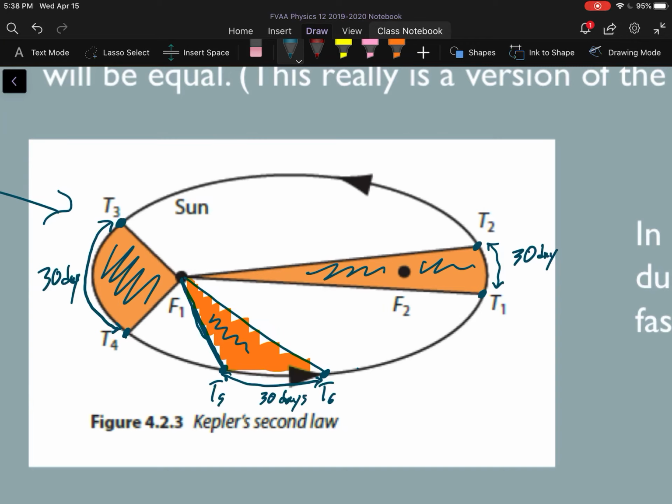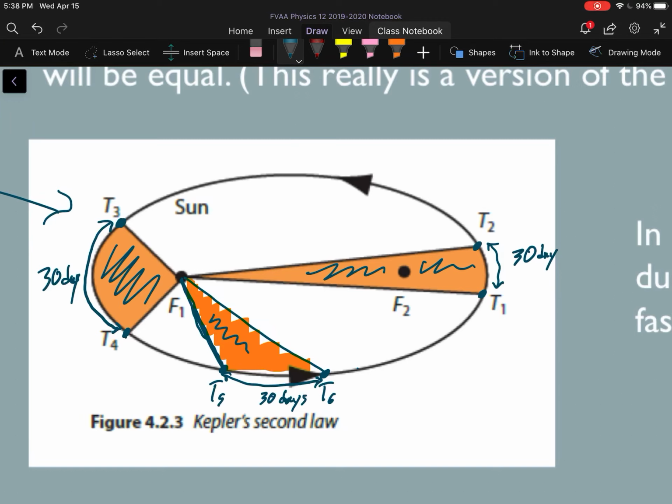The shape of the area changes because the planets actually travel at different speeds at different points around the ellipse. But even though the shape of the shaded region changes, the total area of each shaded region does not change.